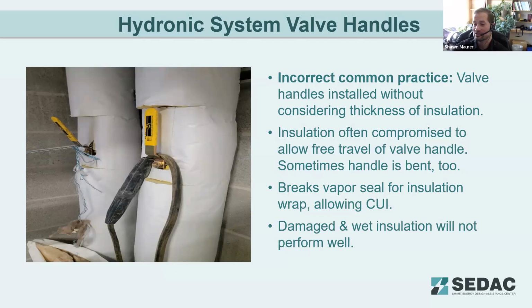So you can see in the image here, they've cut the insulation and trimmed out some of it behind the valve handles in order to fit the valve handles and allow them free motion. You can see in the image there, the jacketing doesn't wrap around that little cutout that they've made for those valve handles. So you've got air penetration here. There's going to be problems with this installation in the future.